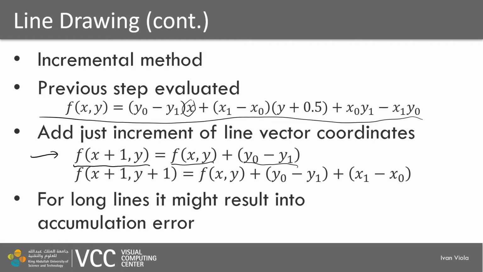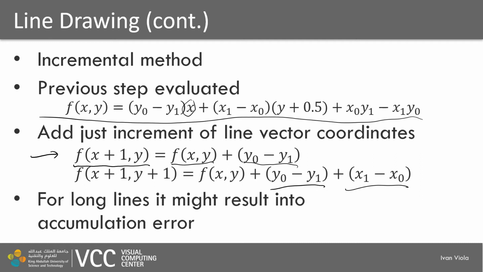If we want to increase the position of y, then we will not only add one more occurrence of the y0 minus y1 term, but also the term x1 minus x0, which is the term associated with the y variable. So here we have both terms, and this way we will be able to accumulate the functional evaluation and just have a few addition operations to update the values.